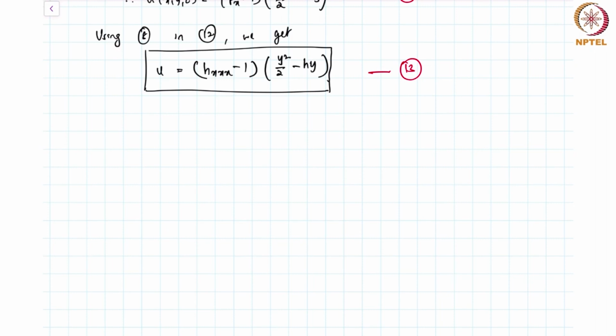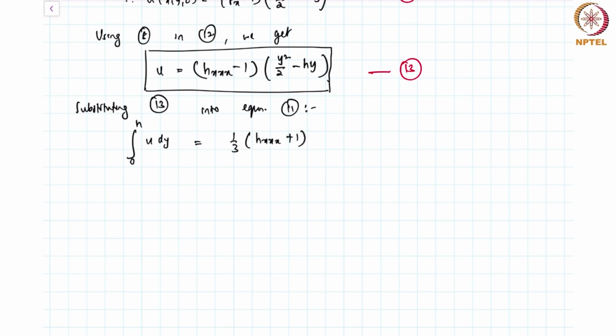So we can now substitute 13 into our equation 11. We have to evaluate this quantity, integral 0 to h of u dy. I'll assume that this is a straightforward integration for all of you, so I'll write the final result. We simply have (h_xxx plus 1) multiplied by h cube.